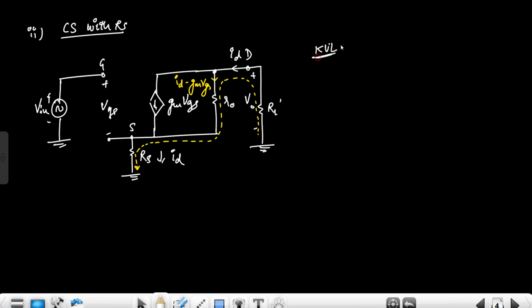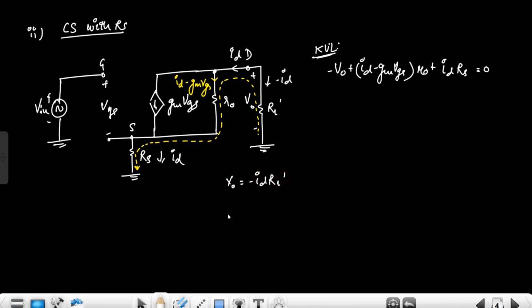KVL: it will be minus V naught, plus (ID minus GM VGS) into R naught, plus this ID into RS, equal to 0. Now this ID current is flowing in this direction, meaning this is minus ID, right? So simply V naught is equal to minus ID into RL dash, so ID in terms of V naught is minus V naught upon RL dash. So we will substitute this ID here, and this VGS.